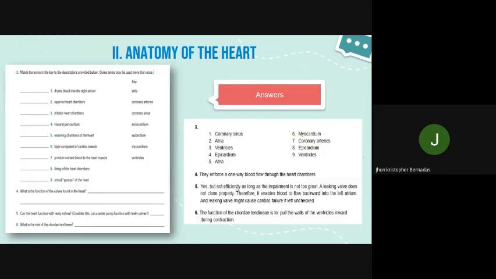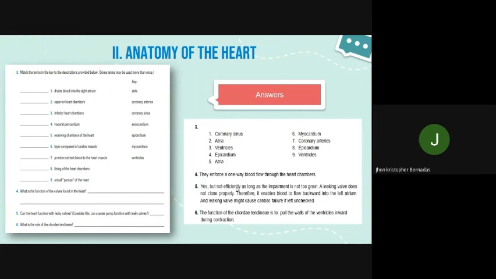Match the terms in the key to the descriptions provided below. First, we have drains blood into the right atrium, and our answer is coronary sinus. Number 2, superior heart chambers, and our answer is atria. Number 3, inferior heart chambers, and our answer is ventricles.